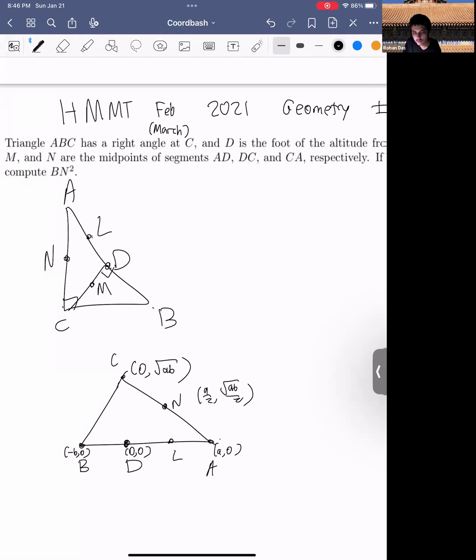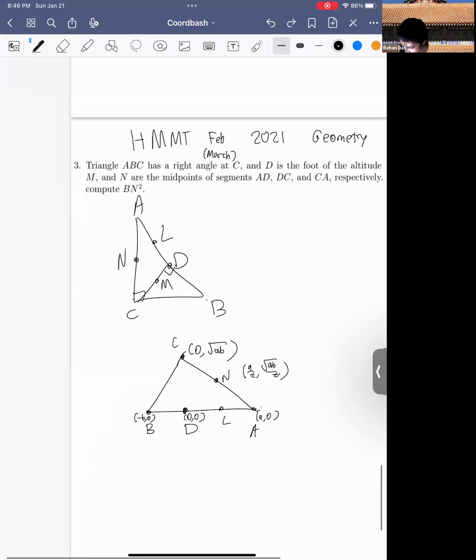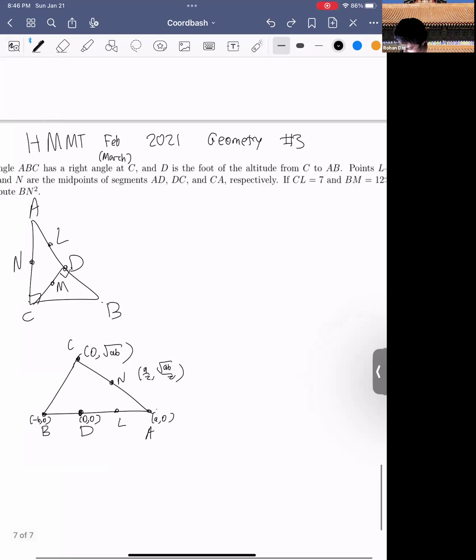But if we think about what we're doing with these points, in both of them, we're finding the distance from it to something on the x-axis. So whenever we see these points, the square roots are going to be squared and they're not going to be too problematic. So let's write out the conditions on the lengths.